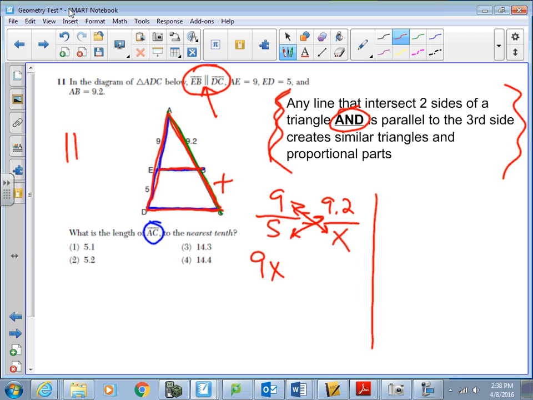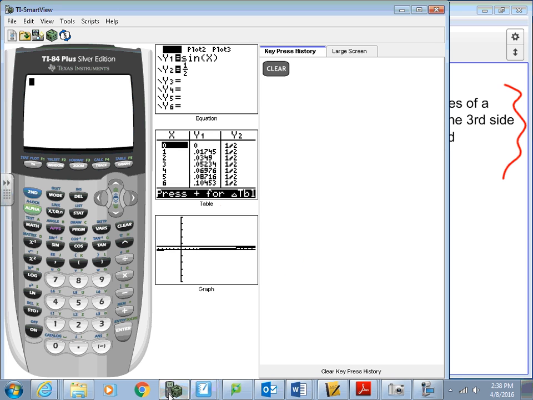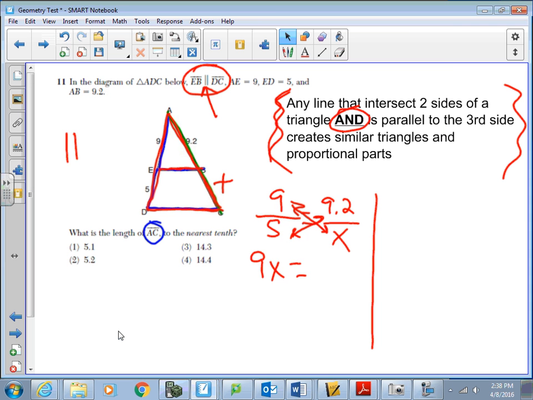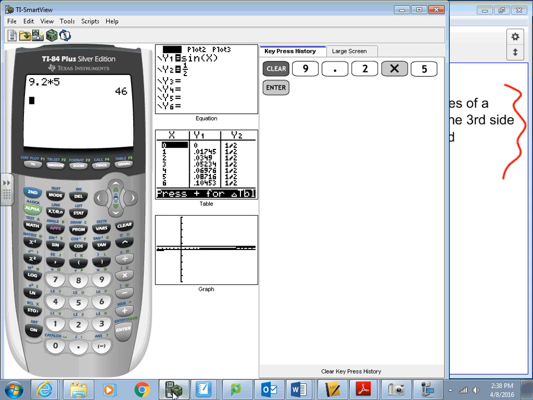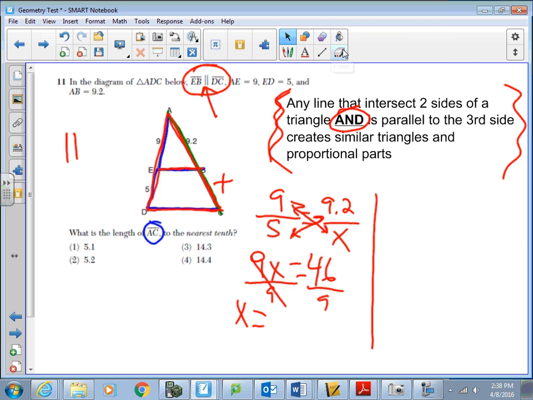You get 9X is equal to 9.2 times 5. So that's going to be 9.2 times 5, and that's 46. And then you want to divide by 9, you get X is equal to 46 divided by 9, is 5.11 repeating.